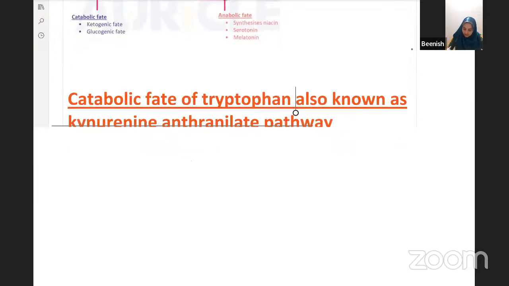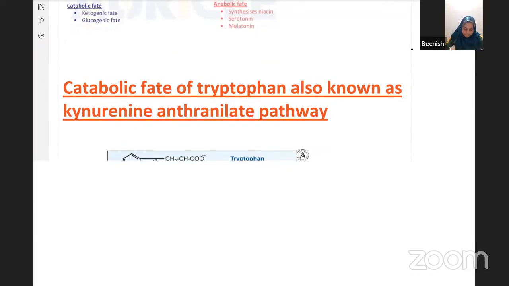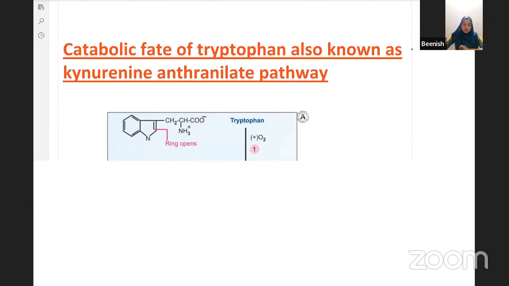Just a second. Okay. So if we talk about the catabolic fate of tryptophan, it is also known as kynurenine anthranilate pathway.